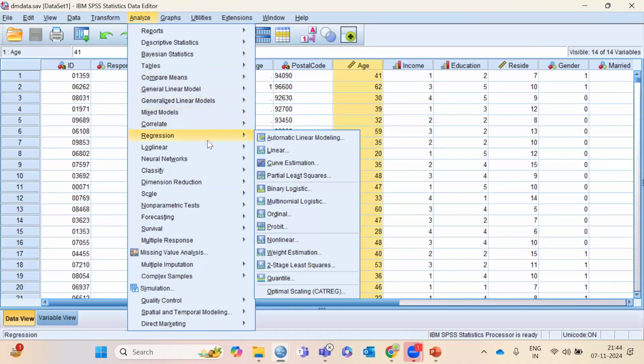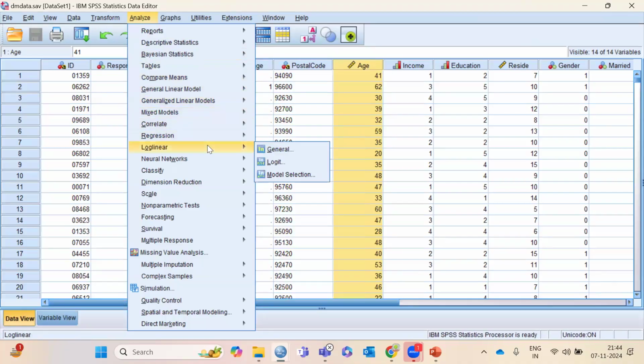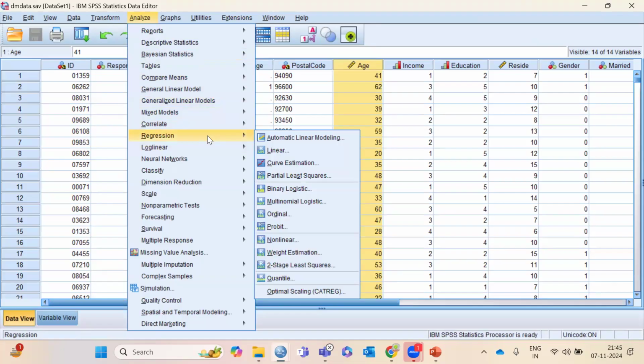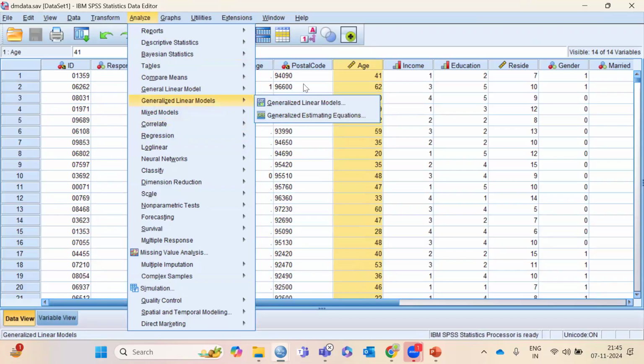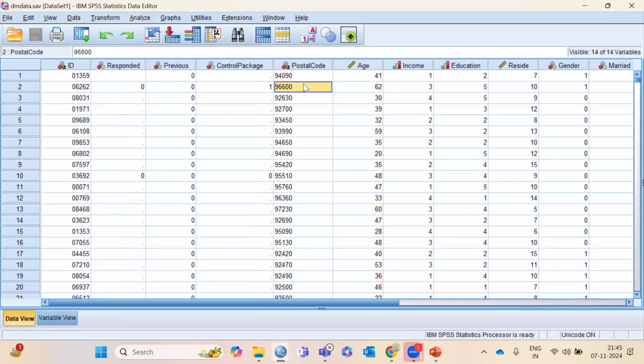These things I will be doing if my data is not normal. In that case, I'll go for different kinds of tests. So you have the option for both normal distribution and not normal distribution, and you will get the complete output in a fraction of a second.